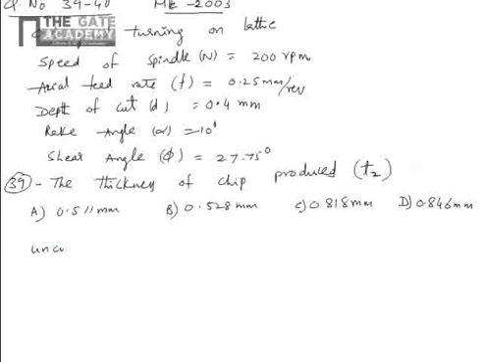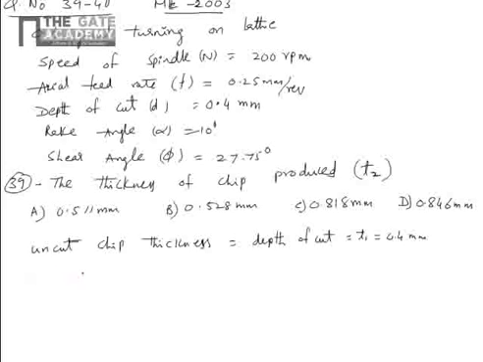Uncut chip thickness, sometimes indirectly they give as depth of cut. Depth of cut equal to T1 equal to 0.4 mm. From this we have to calculate the chip thickness ratio.